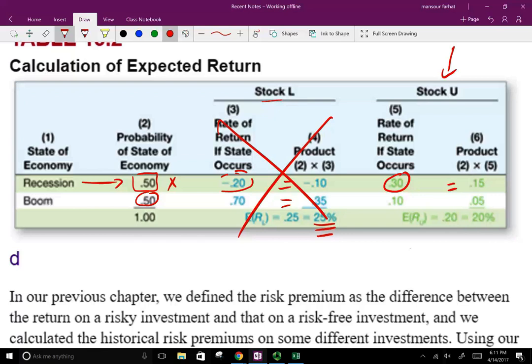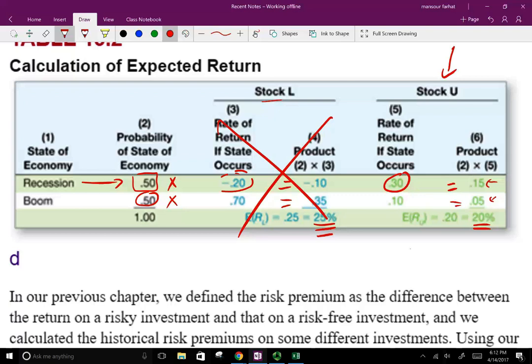Okay? Now, if we are in a boom, which is a 50% chance, and that happens, we earn 10%, so 50% times 10% is 0.05, which is 5%. 15 plus 5, the expected return is 20%.